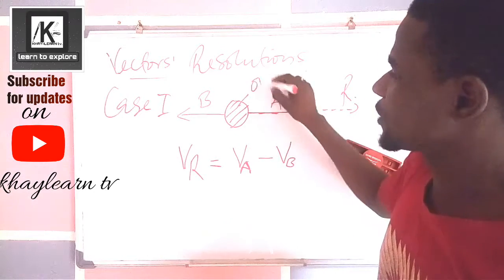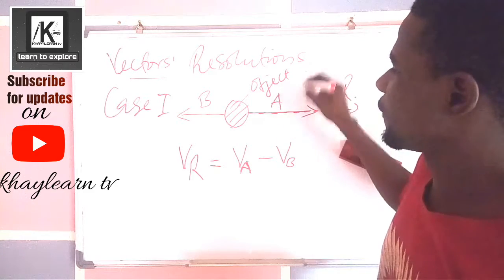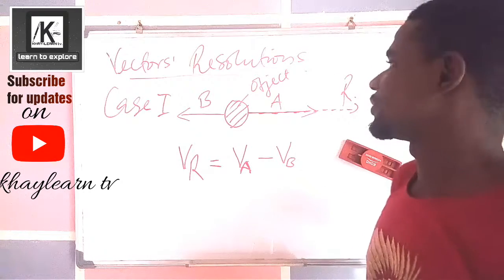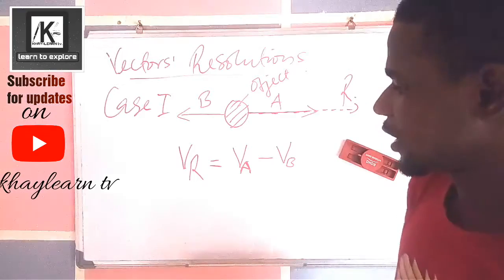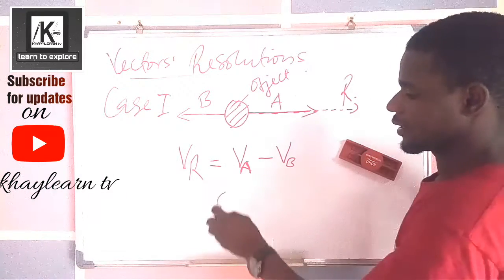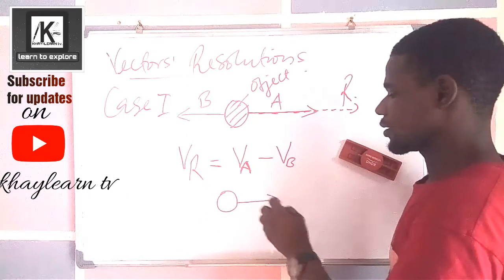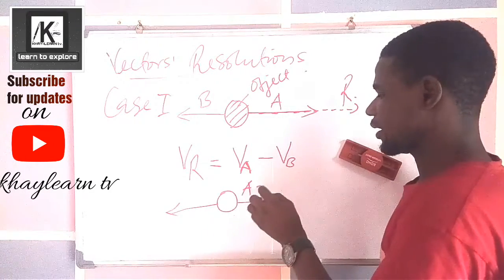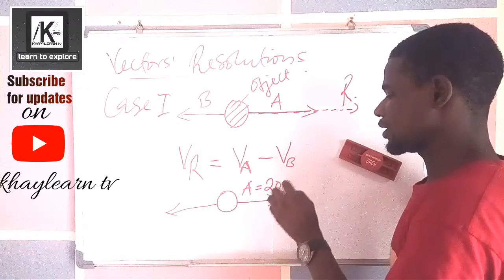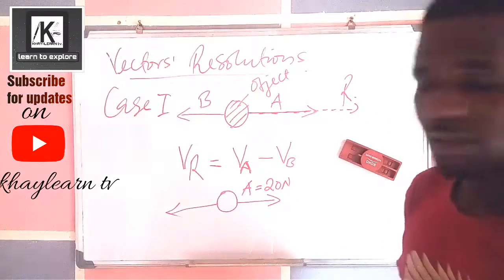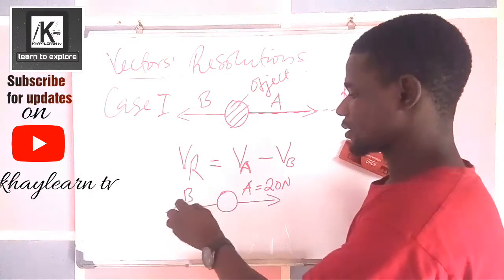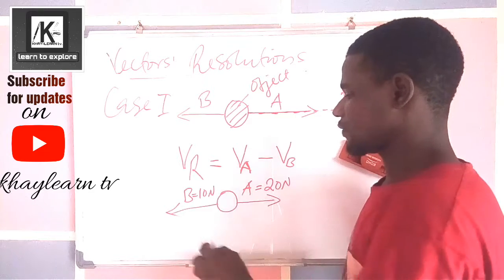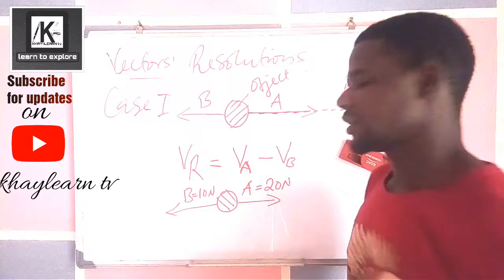Being this an object, the force or vector acted on. If I give this as an example, like you have an object with a force this way and another this other way, the vector A has, assuming, 20 Newton as a force, and the vector B has 10 Newton as a force acting on this object.